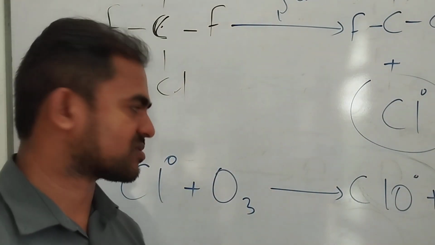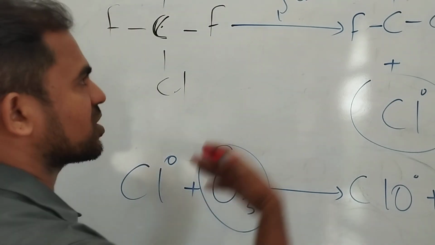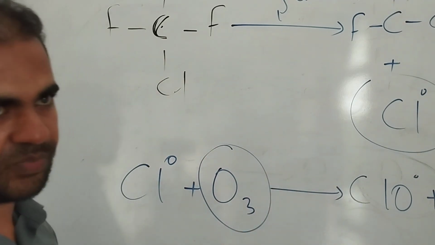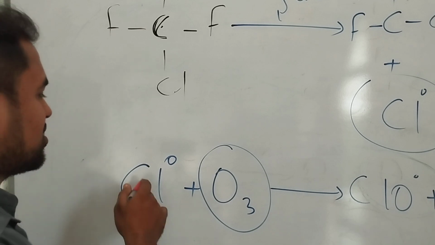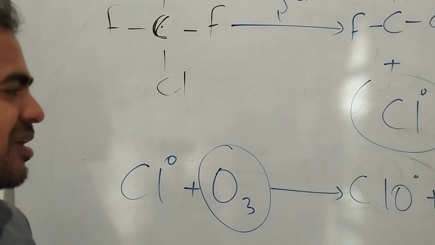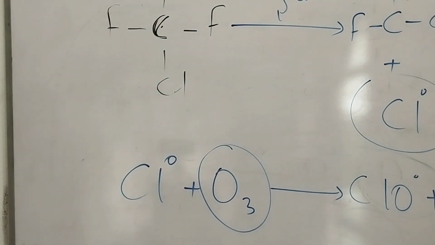Earlier, when we discussed the natural destruction, O3 is produced from O2 and O2 is produced from O3. Now, Cl dot reacted with O3 and produced O2 gas. So the equilibrium state between O2 and O3 is collapsed by Cl dot, which has come from the CFC gas.